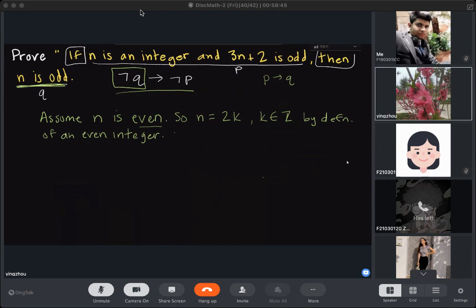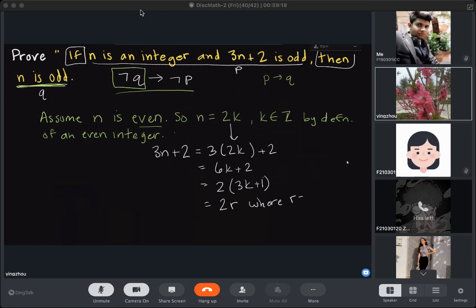So I have 3n plus 2, which is 3 times 2k by substitution, plus 2, which is 6k plus 2, which is 2 times some quantity, and that quantity is 3k plus 1. Or just as I did in the last video, I can say 2r, where r is equal to 3k plus 1, and r is an integer.